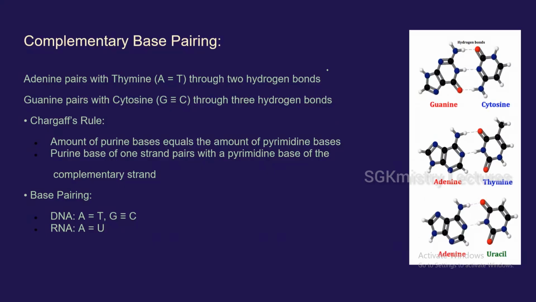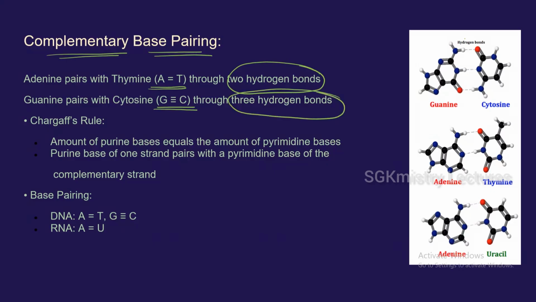There is a particular rule for the nitrogenous bases to pair with each other, called complementary base pairing. Adenine always pairs with thymine by making use of two hydrogen bonds, whereas guanine pairs with cytosine by making use of three hydrogen bonds.